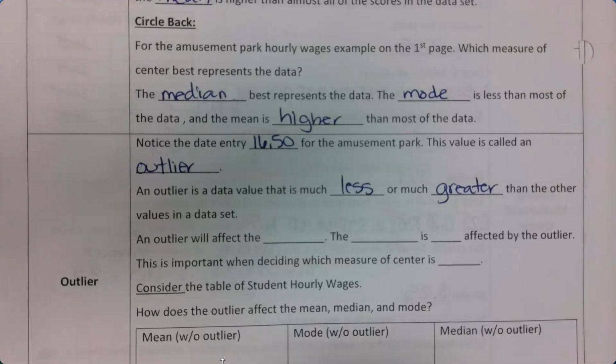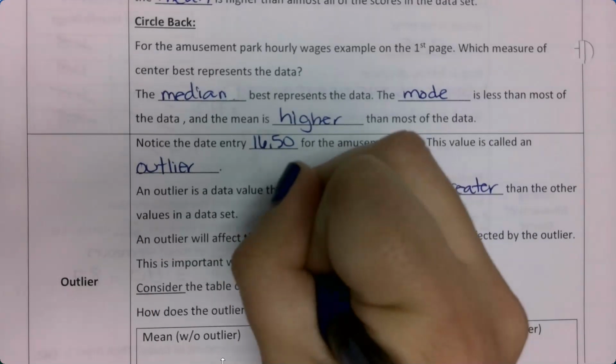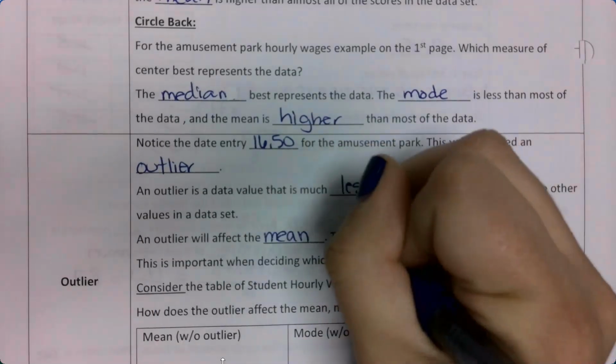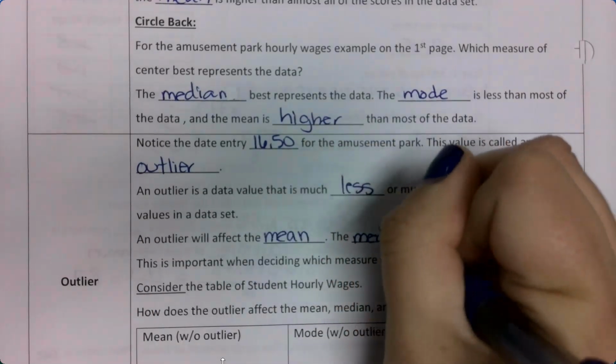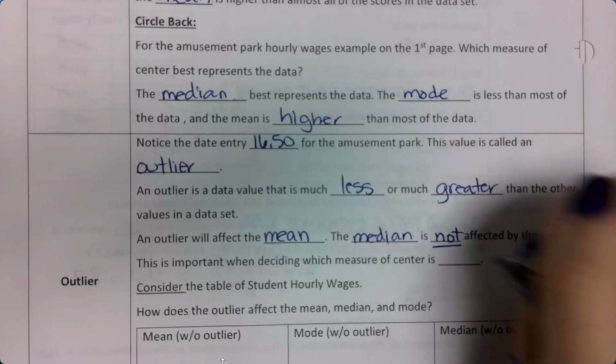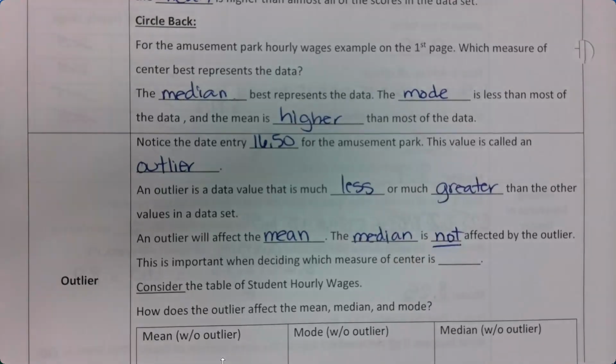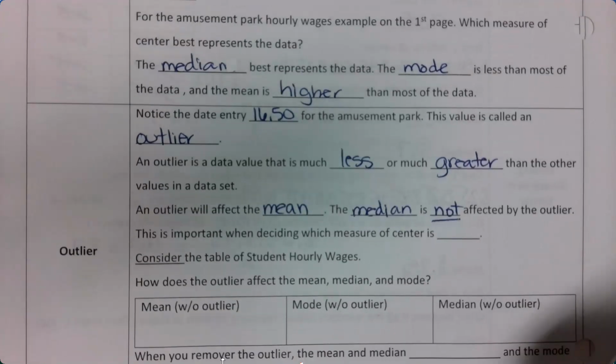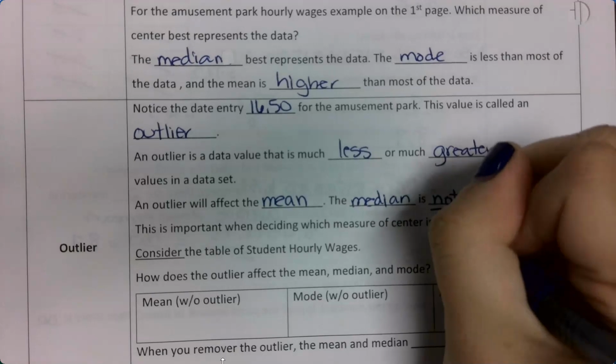An outlier will affect the mean, but it will not affect the median. So if I have an outlier, this is important when deciding which measure of center is best.